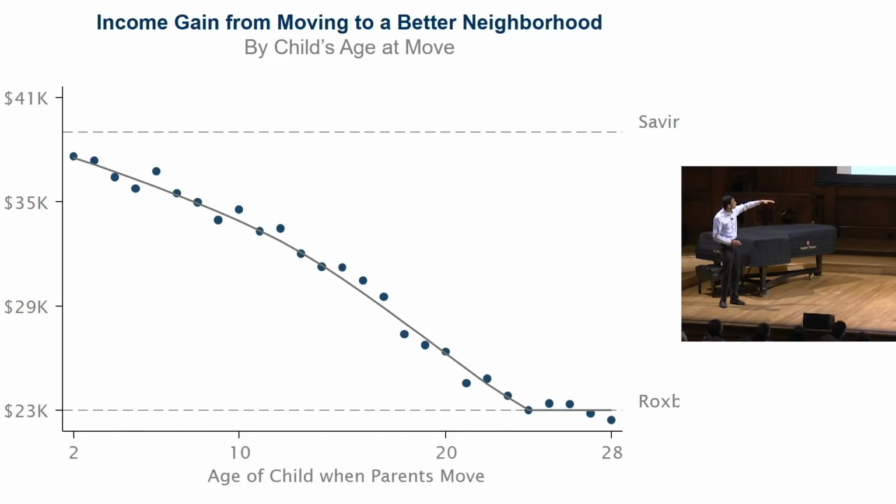But this was coming from the quasi-experimental design that we talked about, where I gave you the example of people moving from Roxbury to Savin Hill, 2 different neighborhoods in Boston. More broadly, we look at people who move across different neighborhoods in the US at different ages. And what you can see just by looking at the dots here is that this is incredibly more precise than what I was showing you from the Moving to Opportunity data. And the reason for that is extremely simple.